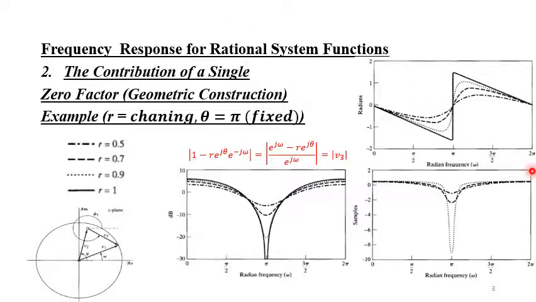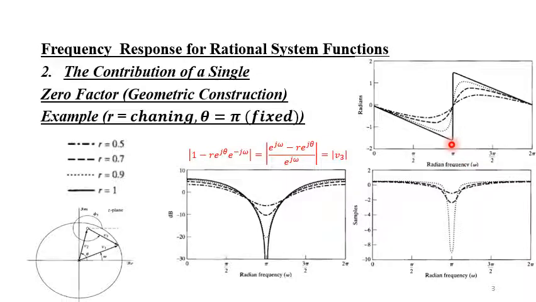Again, for different values, when r equals 1, the slope becomes infinite. So this phase function is discontinuous with a jump of pi radians at this particular location.